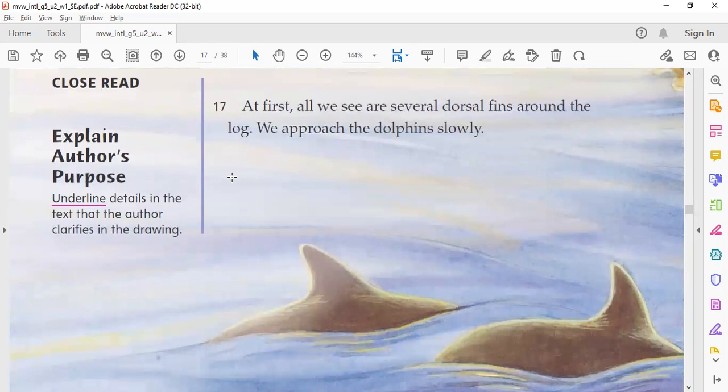At first, all we see are several dorsal fins around the log. We approach the dolphins slowly.